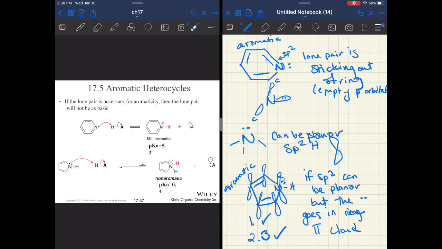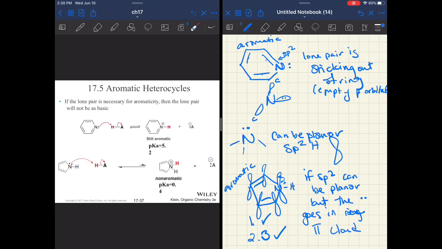Nitrogen with a lone pair is a base. A weak base, but a base. If that lone pair is tied up in the aromaticity, it's not going to be nearly as basic. Here pyridine acts as a great base, but pyrrole, not so much. The starting materials are favored. Why is that?